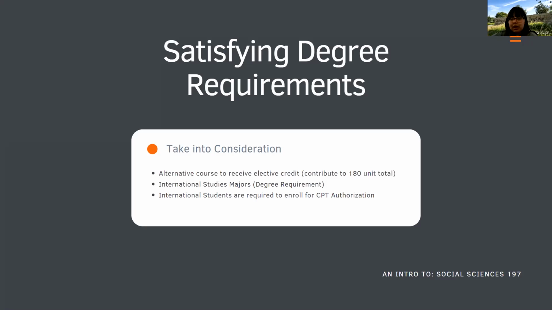Okay, so I'm going to stop sharing my screen really quickly so I can show you what our website looks like. Bear with me as I change to our website here. Let's see.